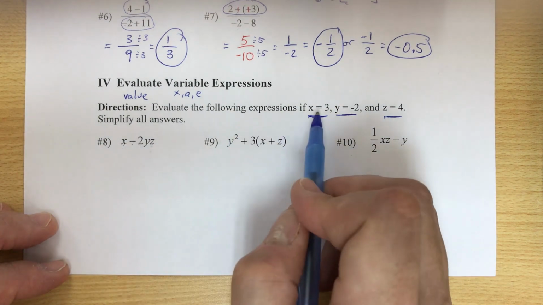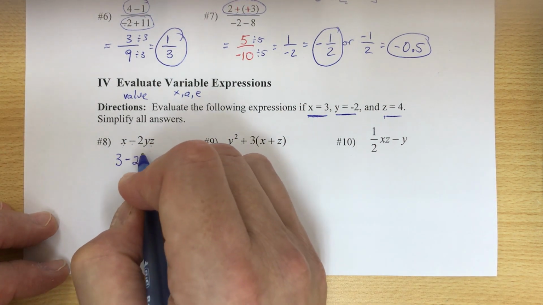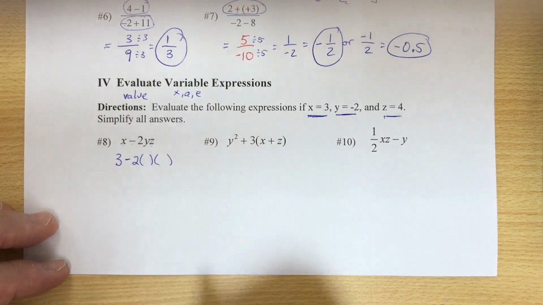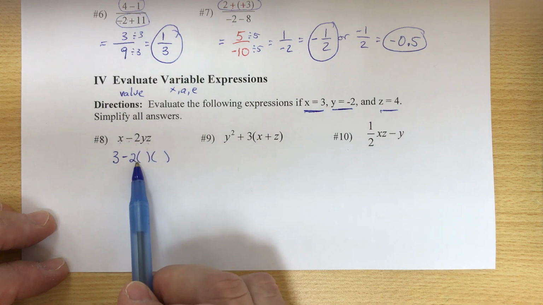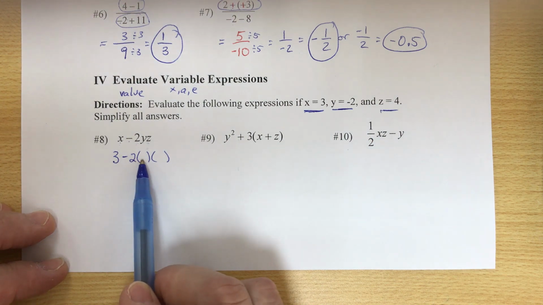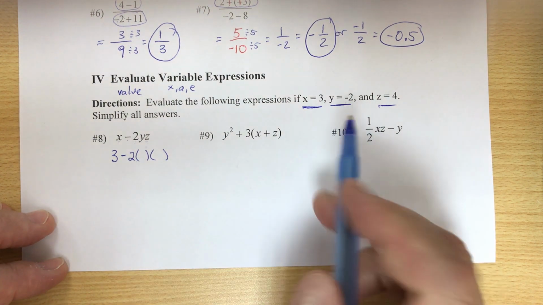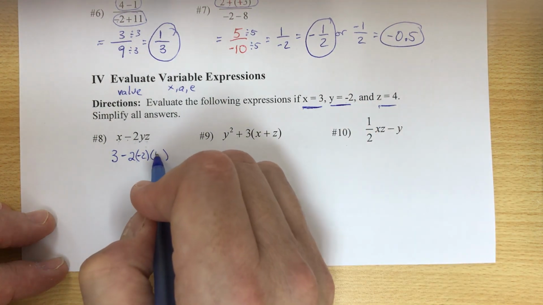So x is the number 3, minus, now I'm going to write the y and the z, because I'm dealing with multiplication here, I am going to use parentheses because a number next to parentheses means to multiply. So 2 times y, now the y is -2, so I will substitute that, and then z is +4.